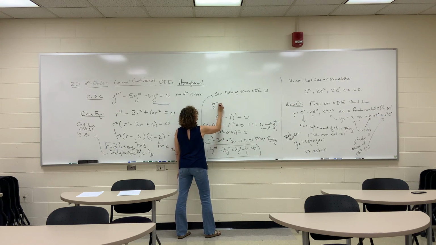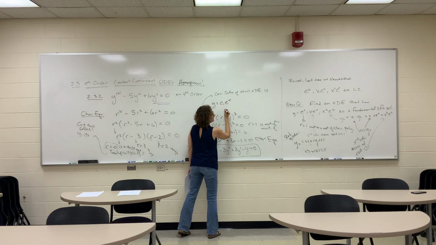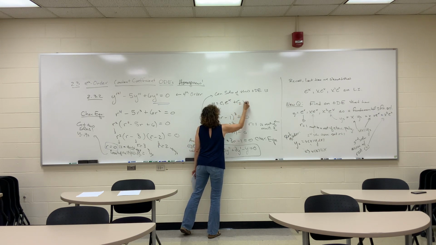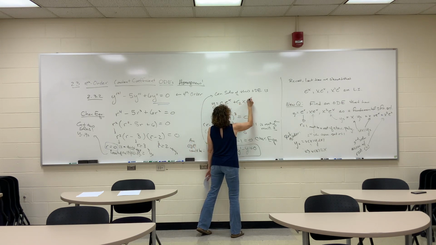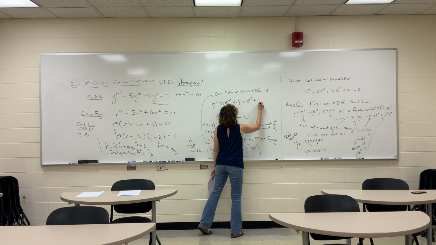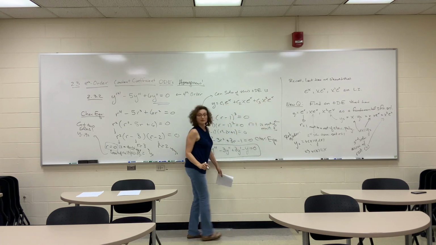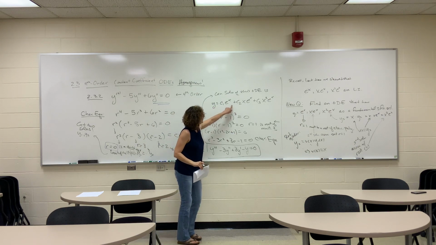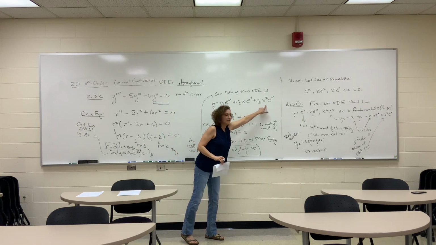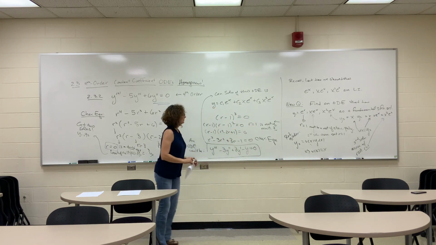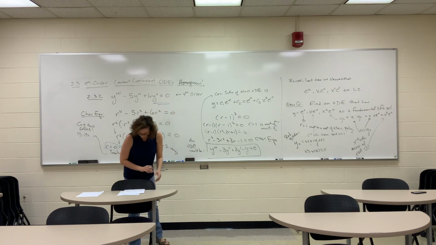So y would be C1 e to the x plus C2 x e to the x plus C3 x squared e to the x, right? C1 y1 plus C2 y2 plus C3 y3. Yeah? Okay.